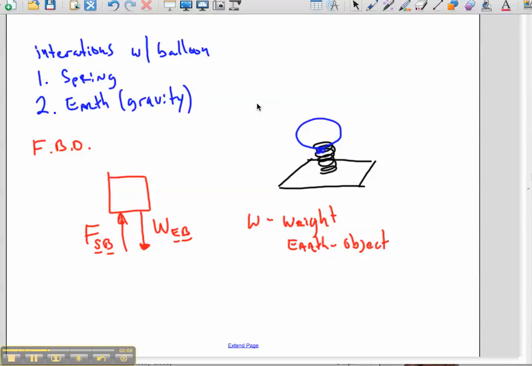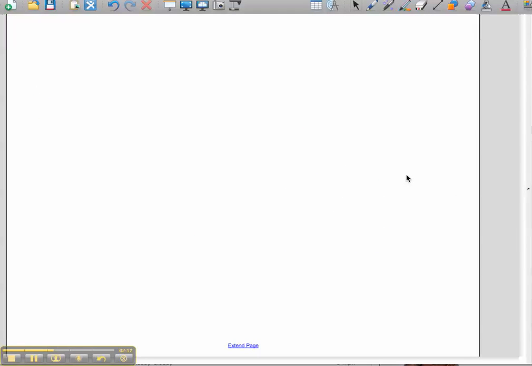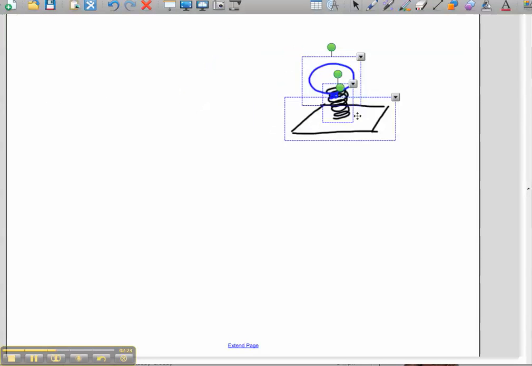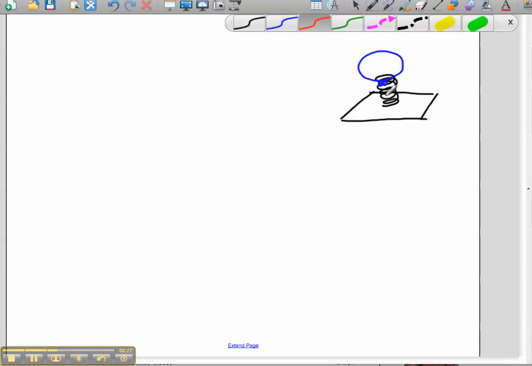Alright, now what I'm going to do is to grab my balloon here. We'll go over and get a new page. And let's take this balloon contraption and let's draw another free body diagram. But this time let's draw it of the spring. Alright, so what's interacting with the spring?